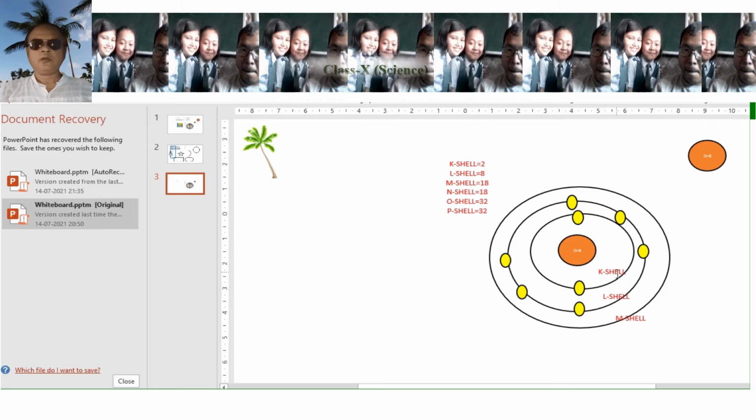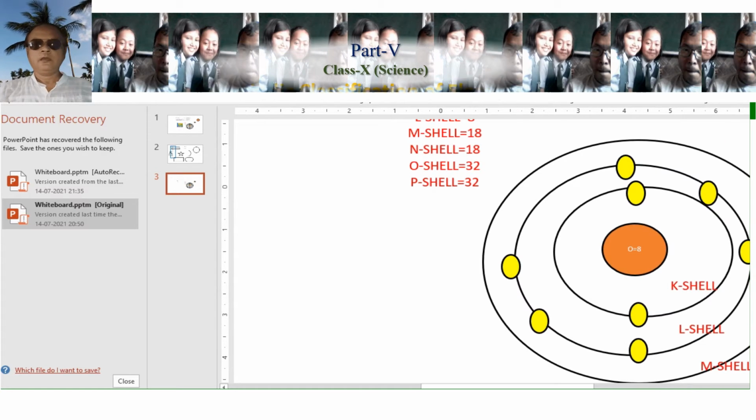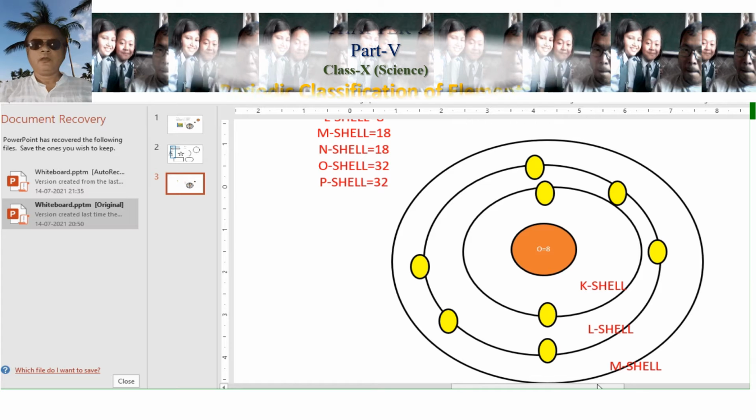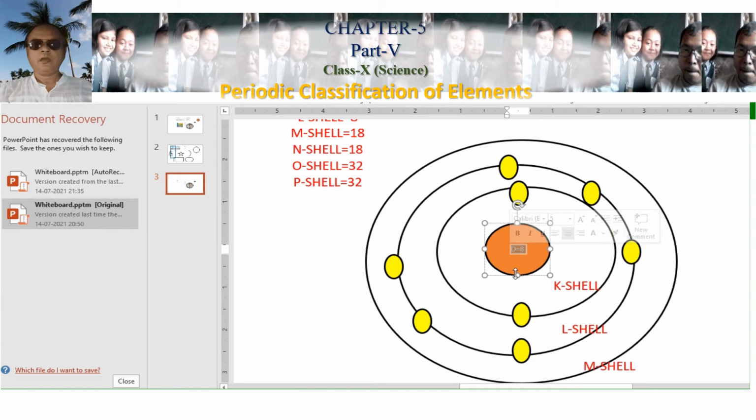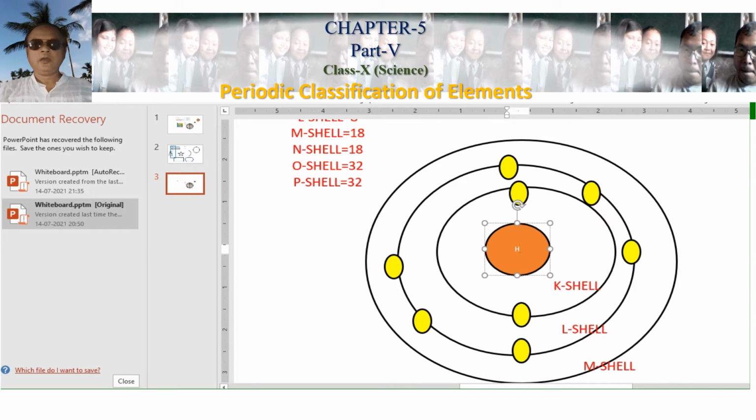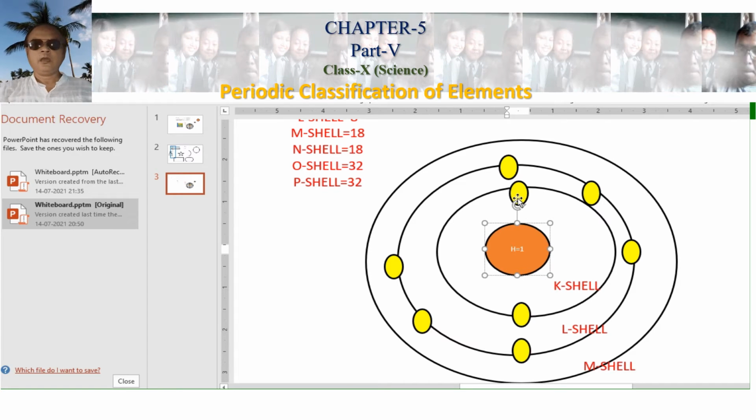Let's see here. For example, if we take hydrogen, how many electrons are there in the outermost orbit? Only one.